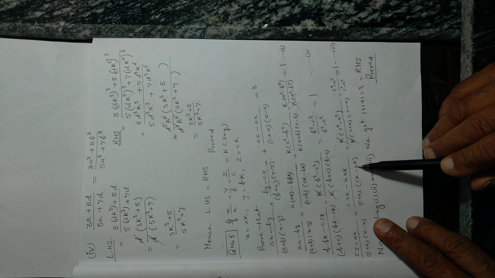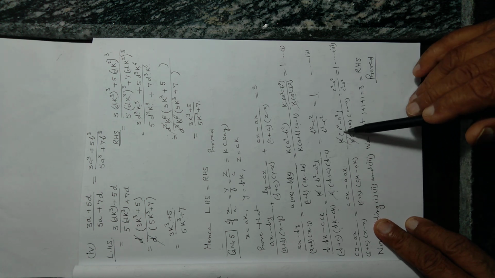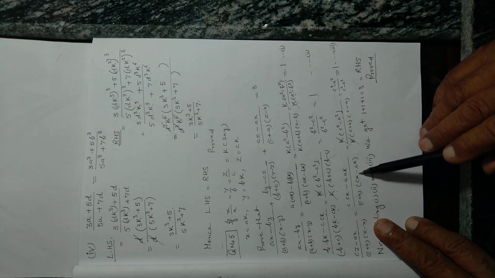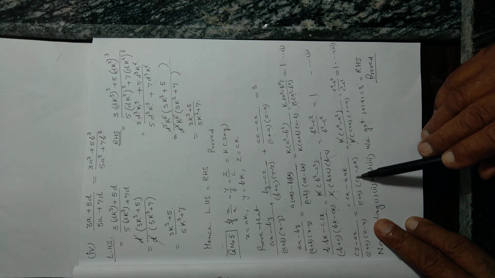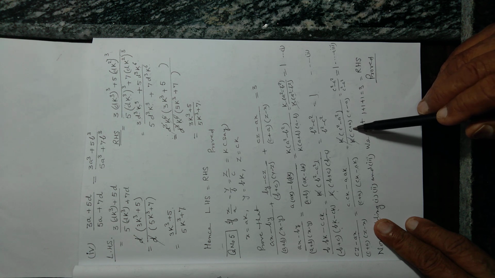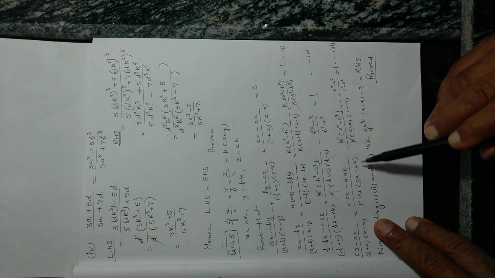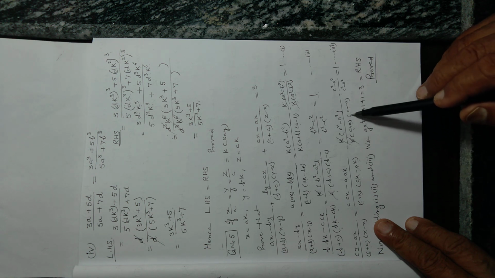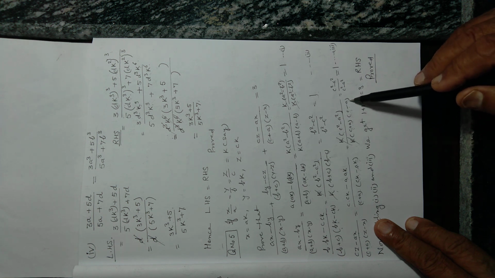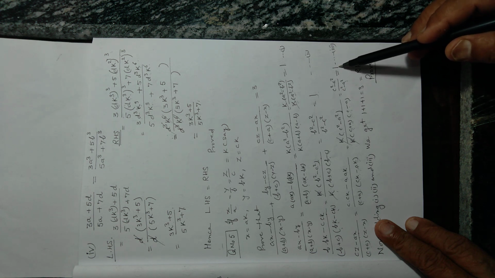For x I have written ak. You see, you can take out k common, and c into c is c square, a into a is a square. So k is common. In the denominator part also, k will be outside of the bracket, and inside the first bracket c plus a, it is already given, and c minus a. While taking out k common, we are left with c minus a. So multiply c plus a into c minus a, it will be equal to c square minus a square. Cancel it, it will be equal to 1.